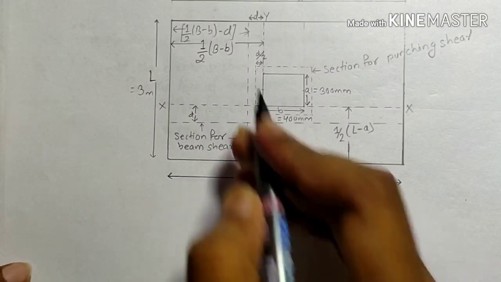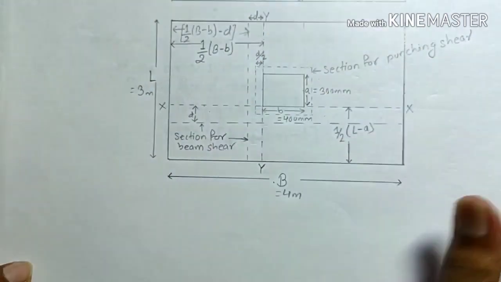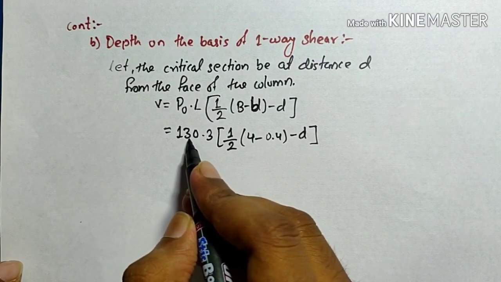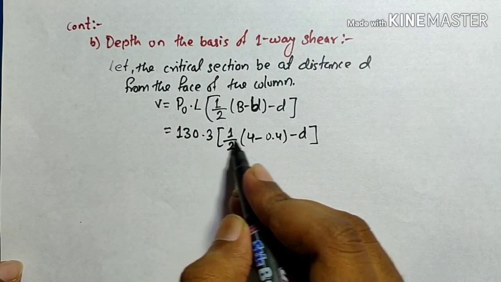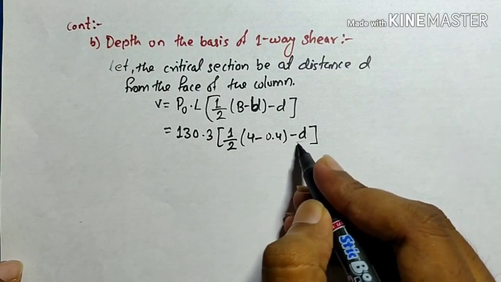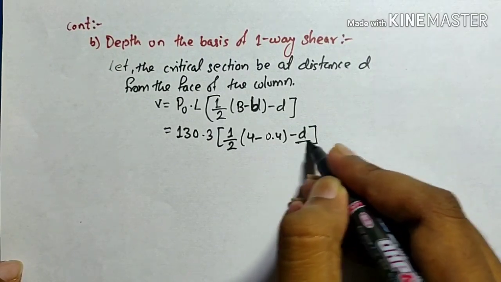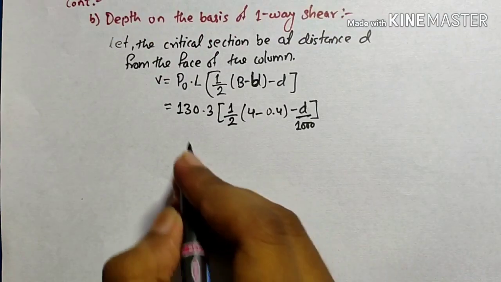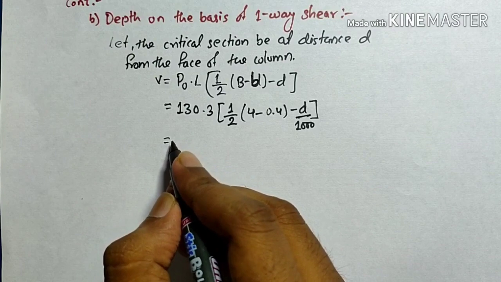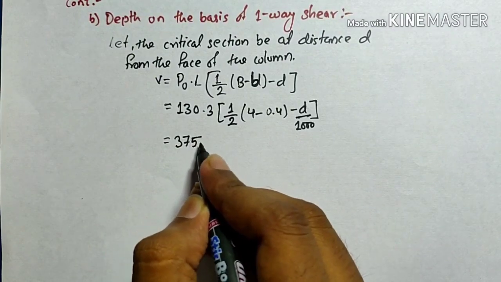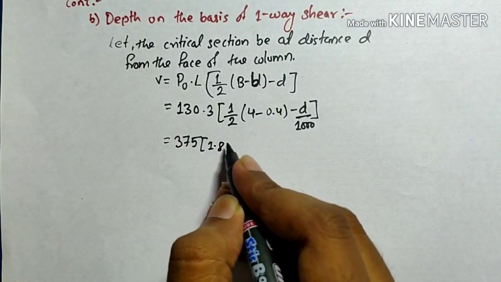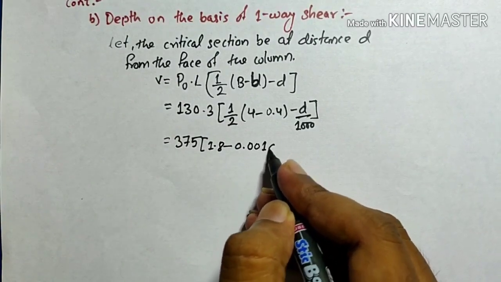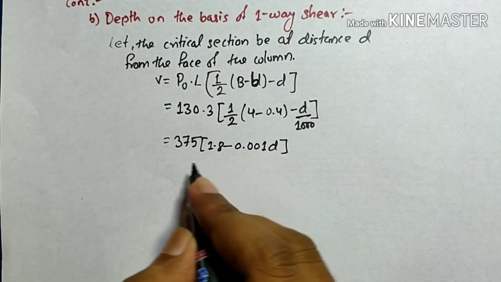Here this d is in millimeter, so we need to convert this d into meter, because P naught is in kilonewton per meter square and these two dimensions are also in meter. So to convert it into meter, we need to divide this by 1000. So on multiplying this, we will have 375 times 1.8 minus 0.001 d, and this is the value of V.